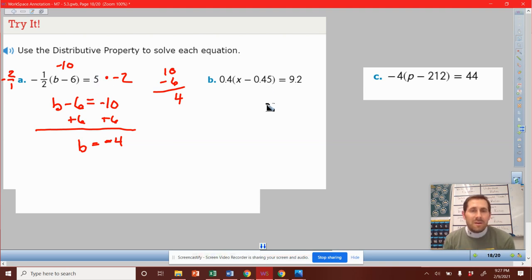That one works. Okay, I can distribute this in if I want, but I'm just going to go ahead and do 0.4 and divide that on both sides.